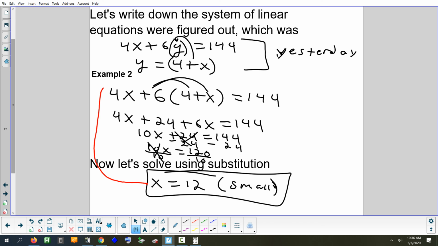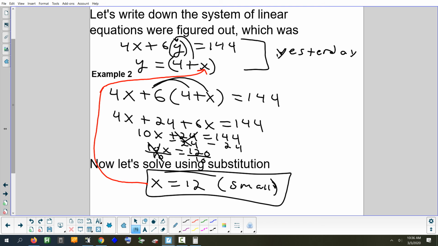Which equation, top or bottom? You could do top, but I think you're making more work for yourself if you use the top. I would plug it into the bottom because the bottom equation looks simpler than the top. It's got less stuff in it. And where are you filling it in the bottom? For x. Right there.